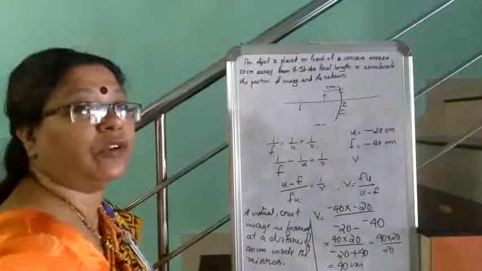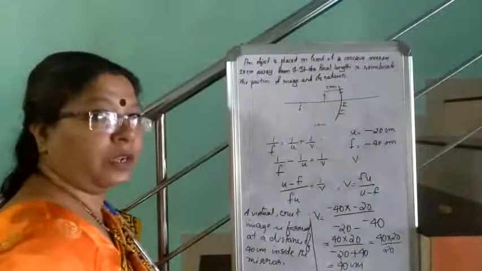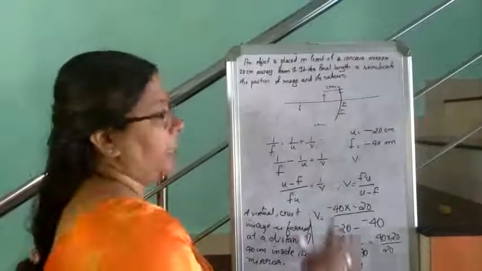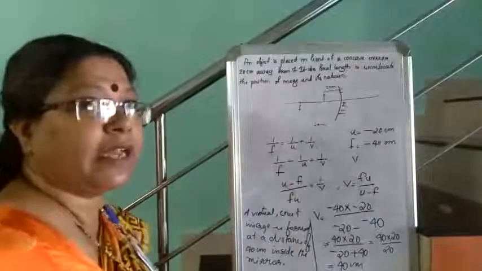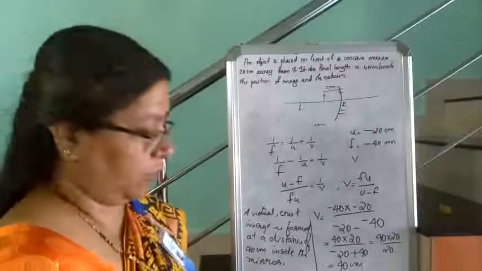This is how you find out the answer. Understood? So since this is plus 40, the image is formed inside the mirror.